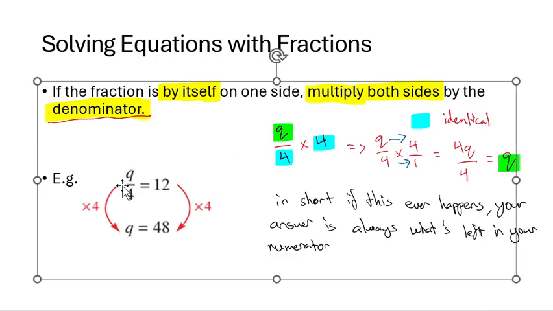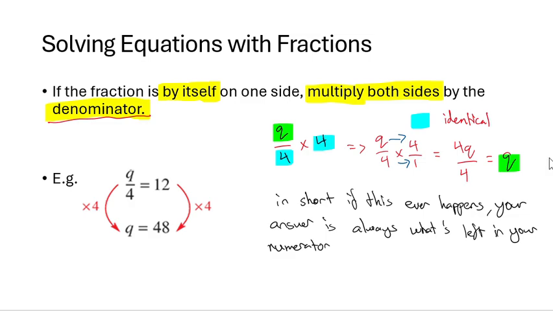In my question, the numerator was the letter q, and I solved this multiplication, q over 4 times 4, to be the letter q. That's all it is. I'm just going to highlight this. And then on the right hand side, it's just whatever you multiply by 4. That's all it is.